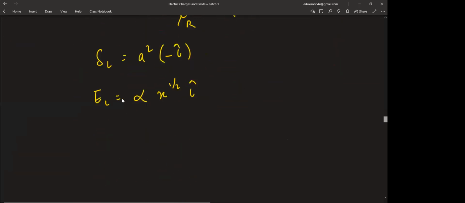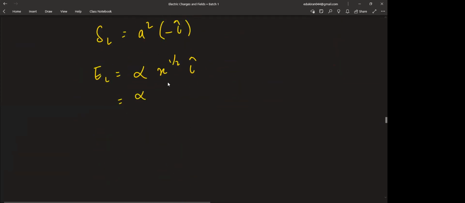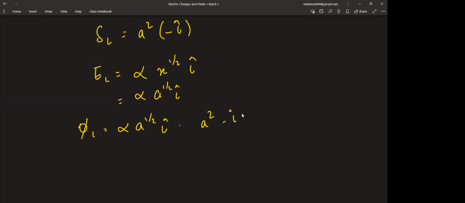Yes. So left side would be alpha A to the power half. Once you take the flux, it would become alpha A to the power half I cap dot A square minus I cap. So this becomes minus alpha A to the power 3 by 2.